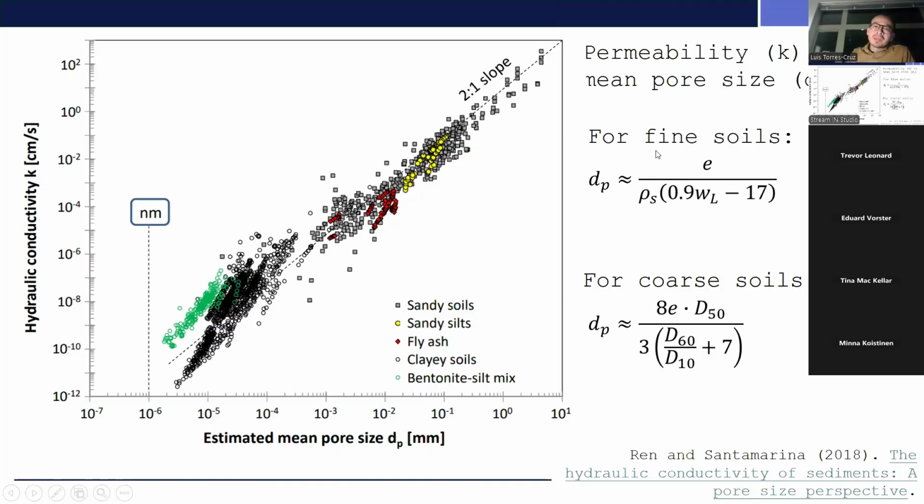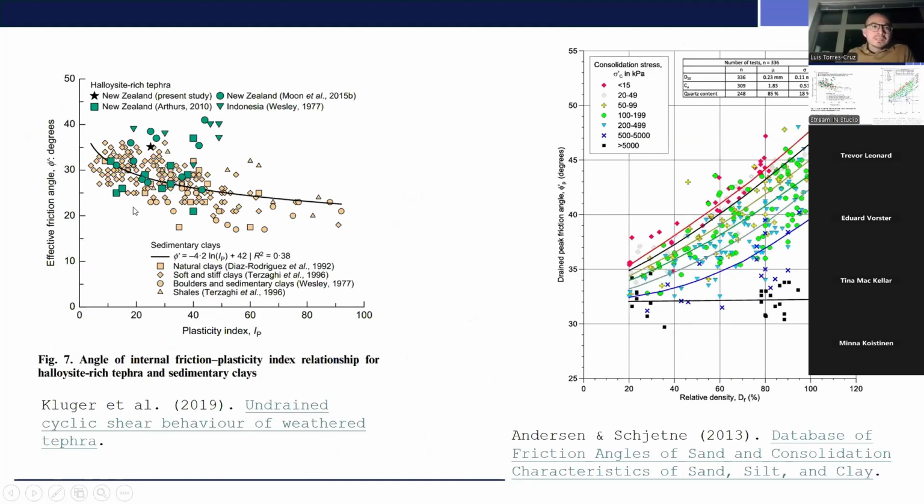So with that, you can make an estimate of your mean pore size and get an idea of what might be the hydraulic conductivity or permeability of the tailings that you are considering. So that was in terms of permeability.